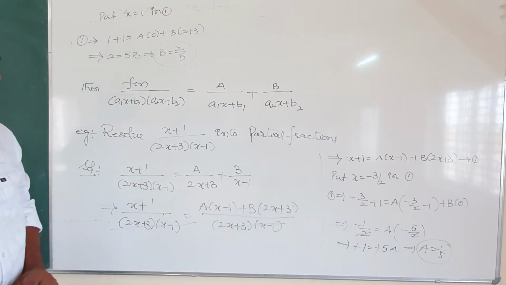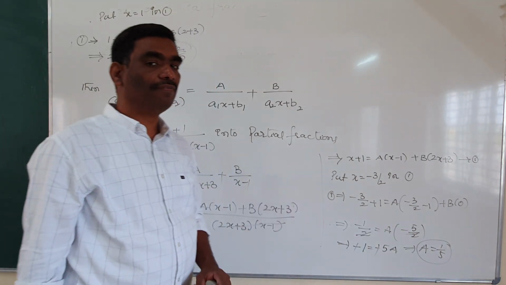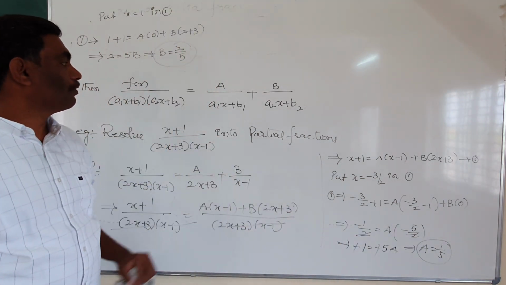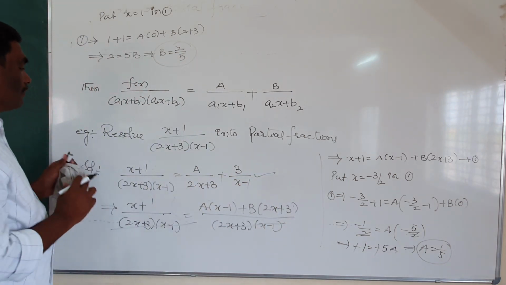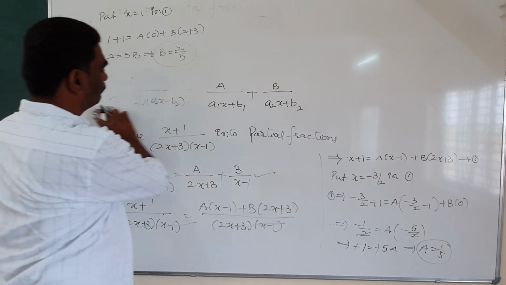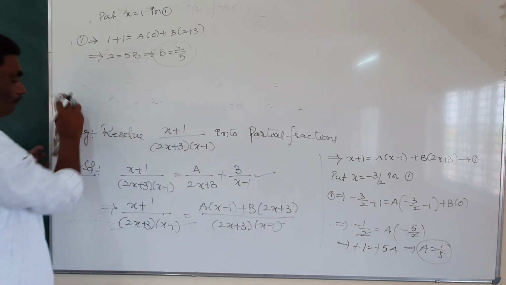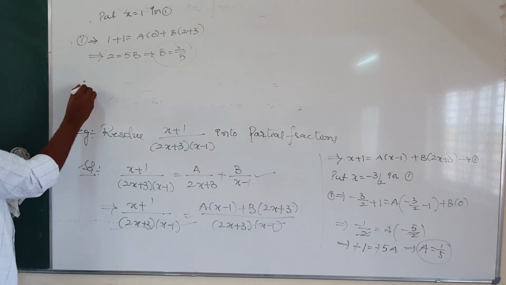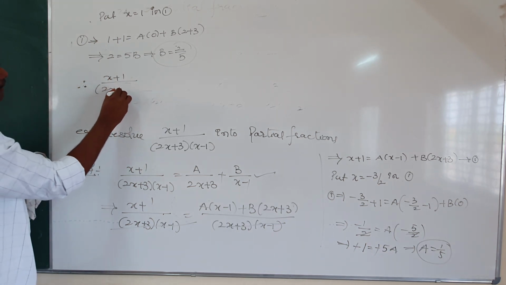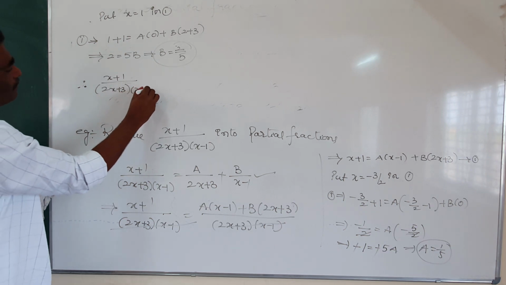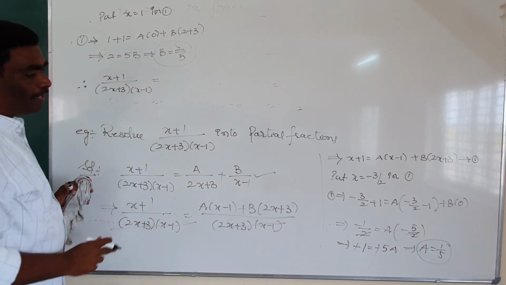Now we have to substitute the values A = 1/5 and B = 2/5 in this relation. Then what answer do we get? Therefore, (x + 1)/((2x + 3)(x − 1)) = A/(2x + 3) + B/(x − 1).